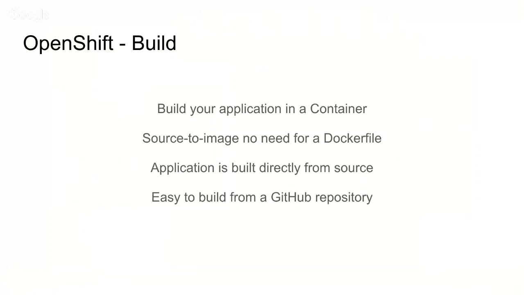You just have to configure OpenShift to look at your Git repository, if it's hosted on GitHub, GitLab, or your own Git server, and you don't need to spend time developing a Dockerfile. Source to Image will analyze what is in your source repository, and it will build the application, build the container directly from the source.